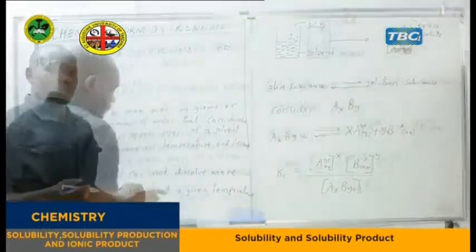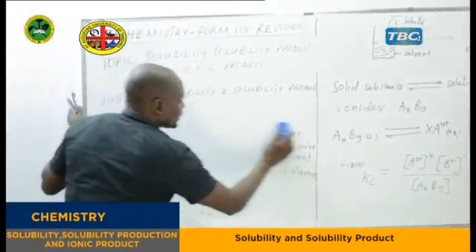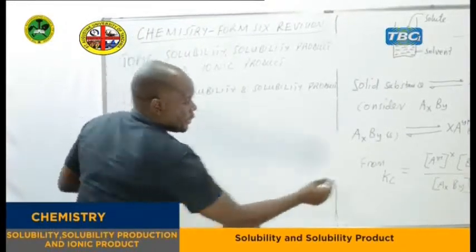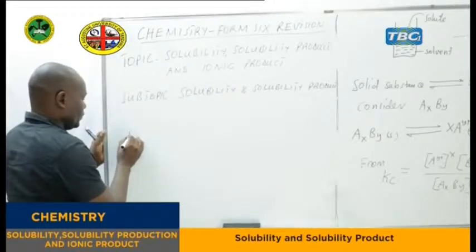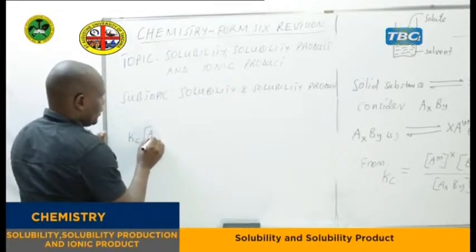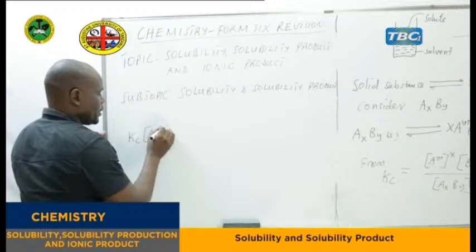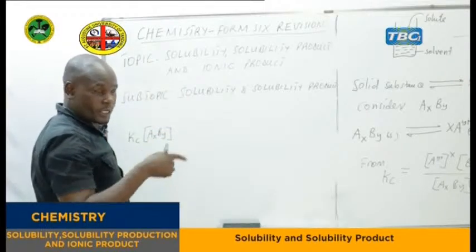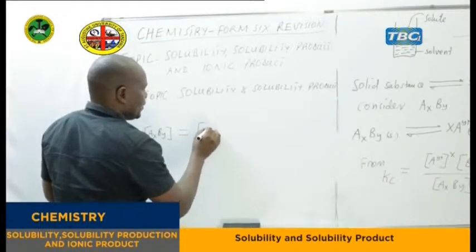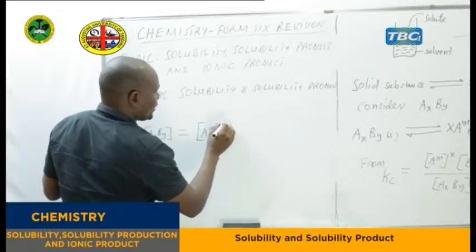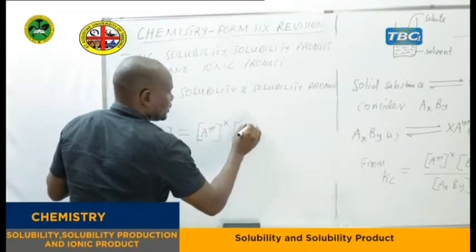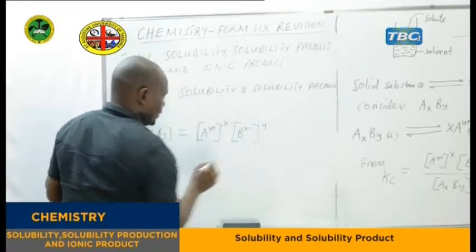From there, multiply by the concentration of the solid on both sides. You have Kc times the concentration of the solid AxBy equal to the concentration of A^(y+) raised to power x, times the concentration of B^(x-) raised to power y.